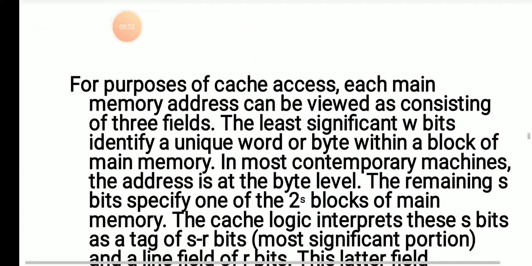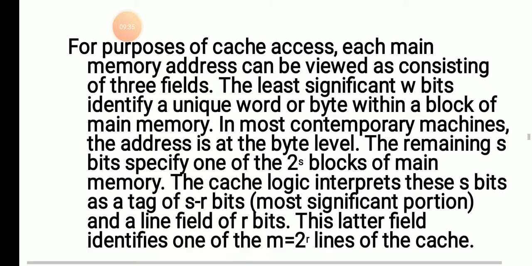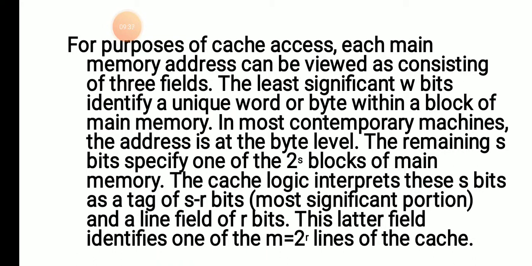For the purpose of cache access, each main memory address can be viewed as consisting of three fields. The least significant w bits identify a unique word or byte within a block of main memory. In most contemporary machines, the address is at the byte level. The remaining s bits specify one of the 2^s blocks of main memory.